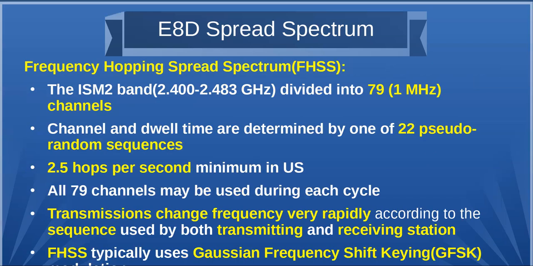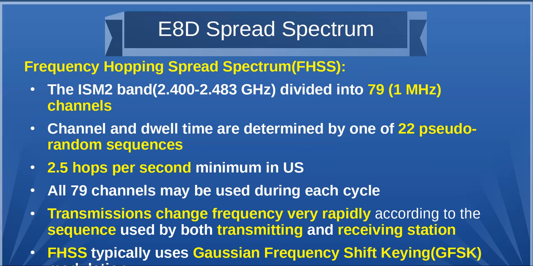So we have two kinds, frequency hopping spread spectrum, or FHSS. One example is the Wi-Fi band, the ISM, which is industrial, scientific, and medical, or something like that. But it's basically the public 2.4 gigahertz band. And they divide that up into 79 1 megahertz channels.